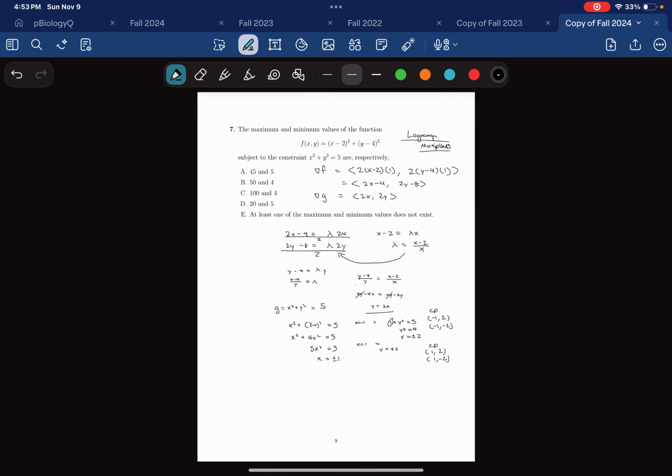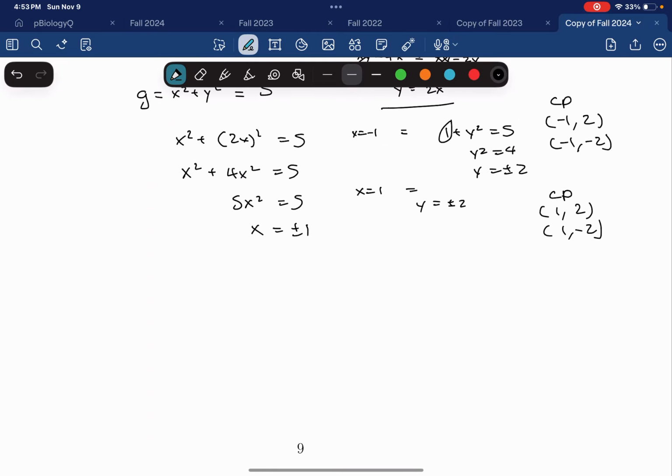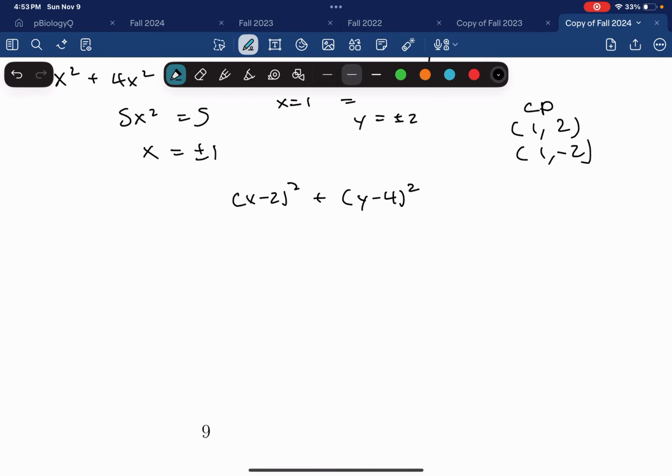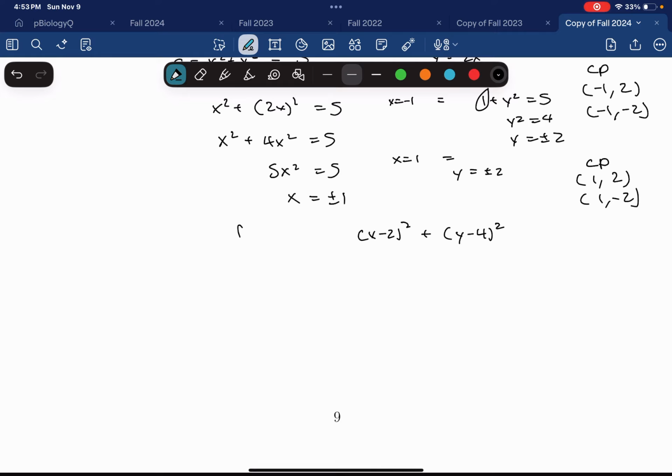So now that we have our 4 critical points, we gotta test that in here, which is x minus 2 squared plus y minus 4 squared. Okay, so let's test out negative 1, 2, which gets us negative 1 minus 2, negative 3 squared plus 2 minus 4, which is negative 2 squared. That gets us 9 plus 4 equals 13.